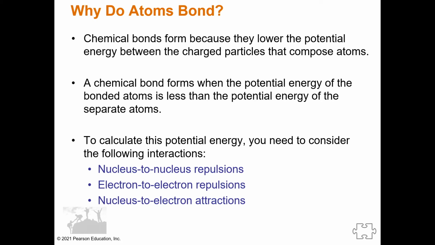As the potential energy lowers, then the system becomes more stable. Well, the same idea goes with chemical bonds. Whether it's atoms or ions coming together to share or transfer electrons, those bonds that are being formed would lower the potential energy of the system, and it would make that system more stable.